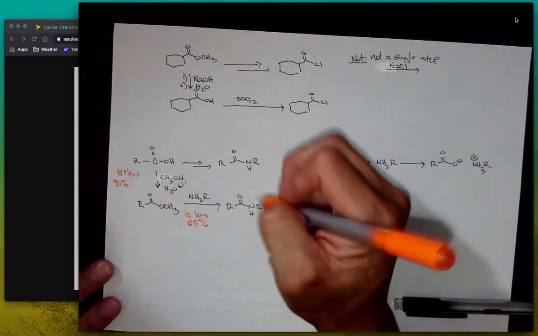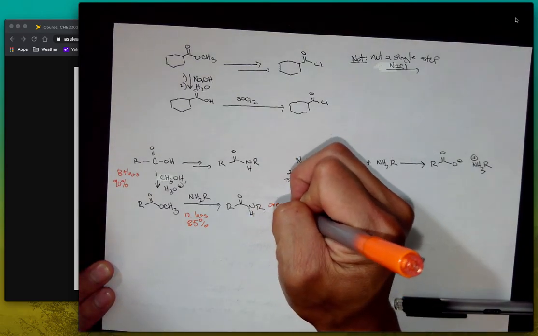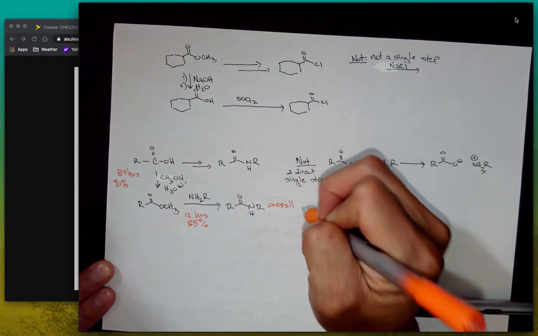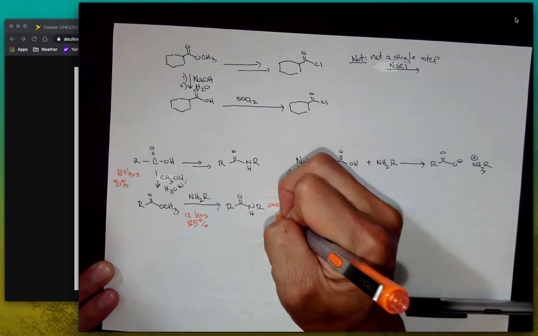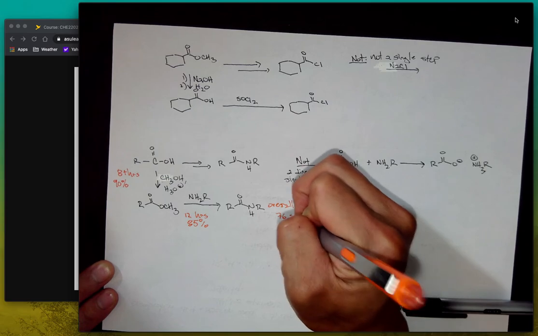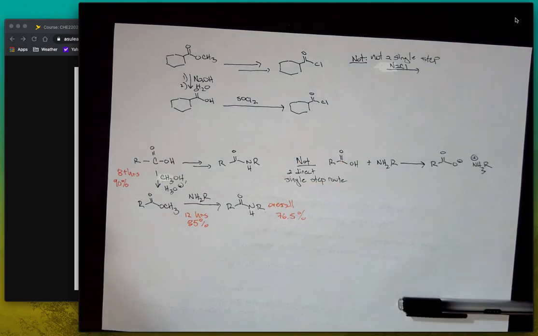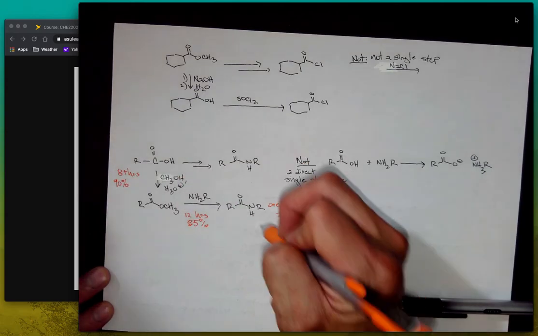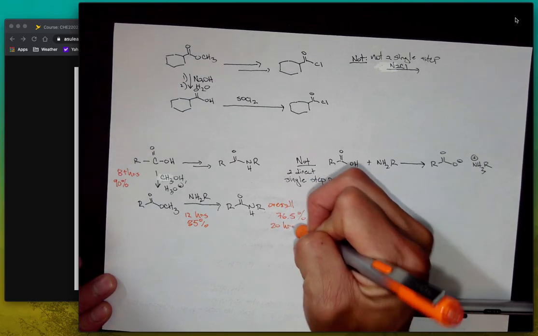After two steps, you would end up losing 25% of your product roughly. You would get a 76.5% conversion, of which you would likely lose some of your compound to the purification process. And you would also take, what, 12 plus 8 is 20 hours to do so.